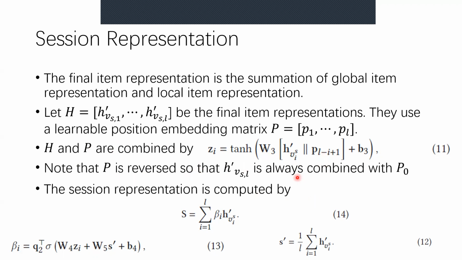You can notice in this formula that P is reversed. It is reversed because, similar to the idea in SR-GNN, the last clicked item is the most important one in the session. If it is reversed, then the last clicked item is always combined with P0. If it's not reversed, the last clicked item would be combined with different position embeddings, which is bad for prediction. That's why the position encoding is reversed.